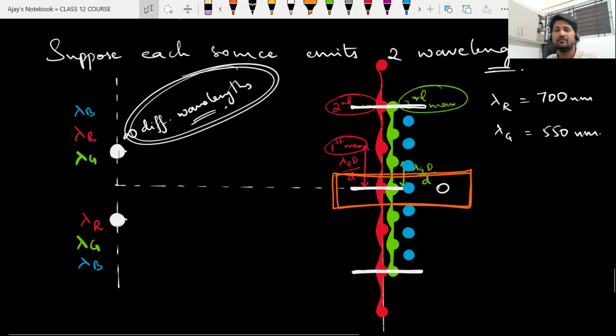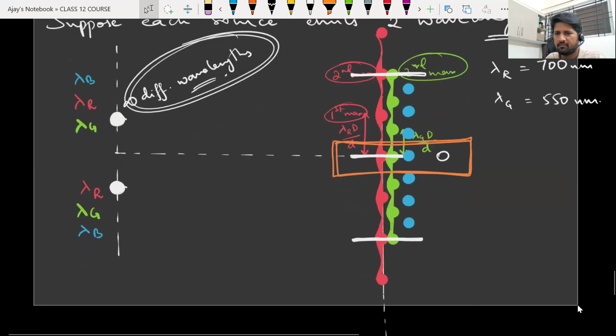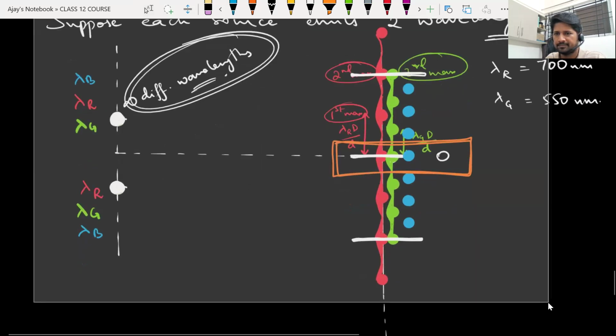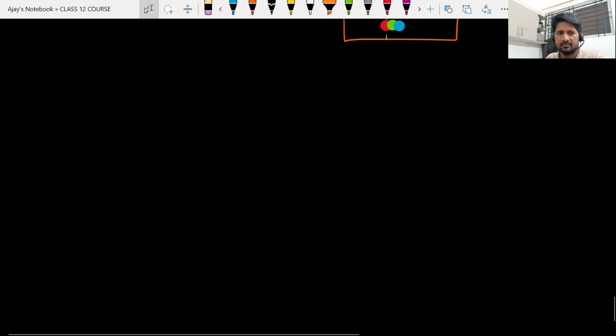So if 7 different wavelengths are emitted, all of them will still have a combined maximum at point O. Do you agree with that or not? All 7 colors will have the maximum at point O. Yes or no? Yes, sir.